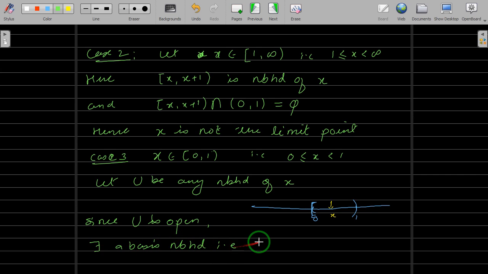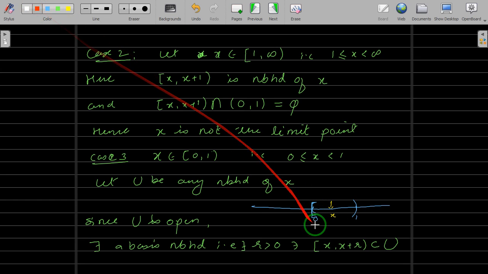That is, there exists r greater than 0 such that the basic neighborhood, say (x, x plus r), is contained inside U. Okay, U is open and x belongs to U, and by the definition of the open set, there exists an open basic neighborhood such that x belongs to that neighborhood and that is contained inside U, and that's what we have used here.